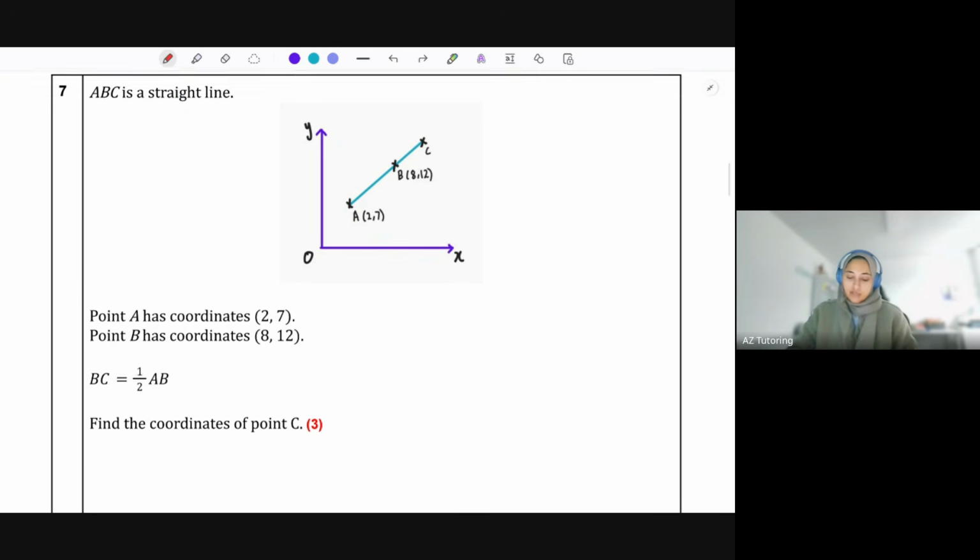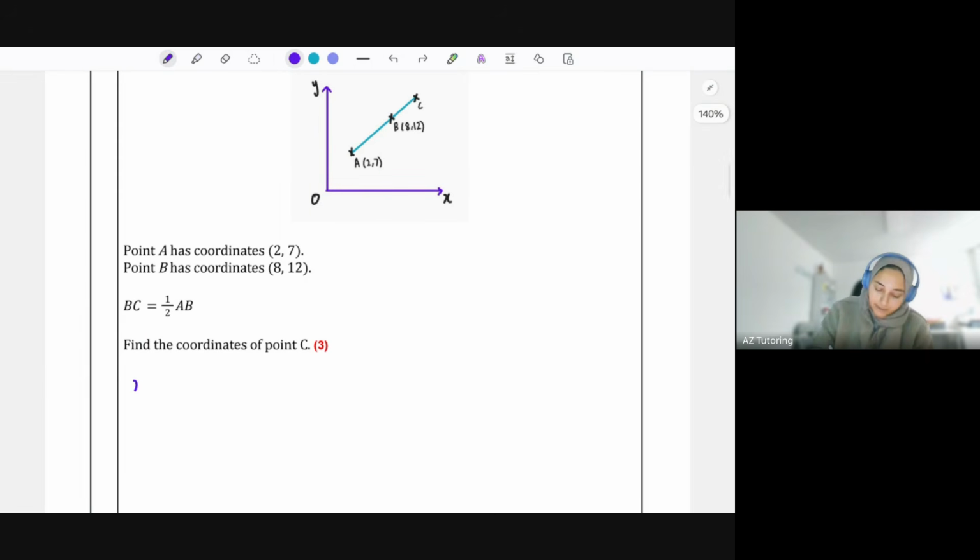Okay, find the coordinates of point C. So we need to figure out how much it's moving from A to B in both the X direction and the Y direction. That's our first step. So let's write that down.